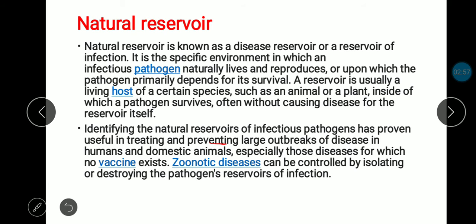The zoonotic diseases can be controlled by isolating or destroying the pathogens' reservoirs of infection. Nowadays we all are very well aware of corona. It is also one type of zoonotic disease. In such cases, the reservoir must be destroyed or treated as well.